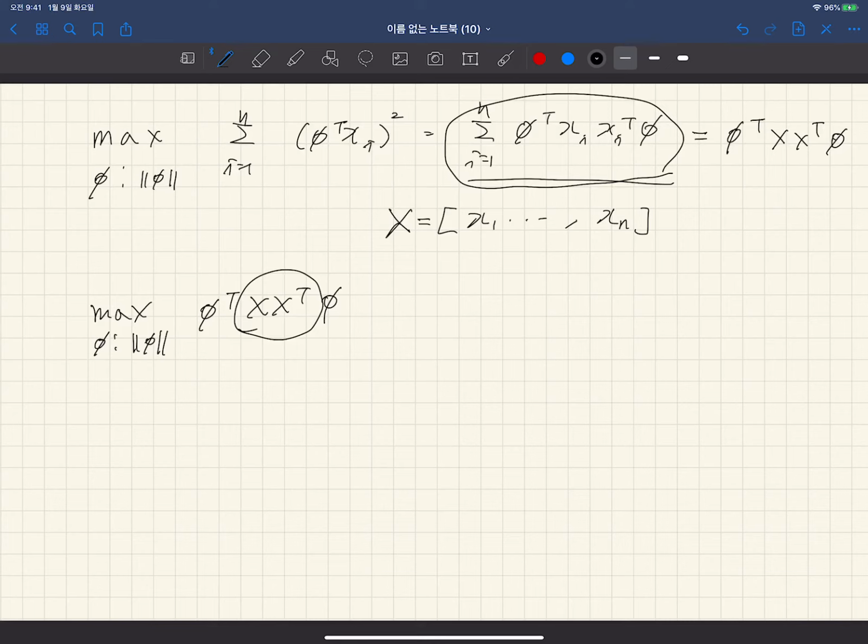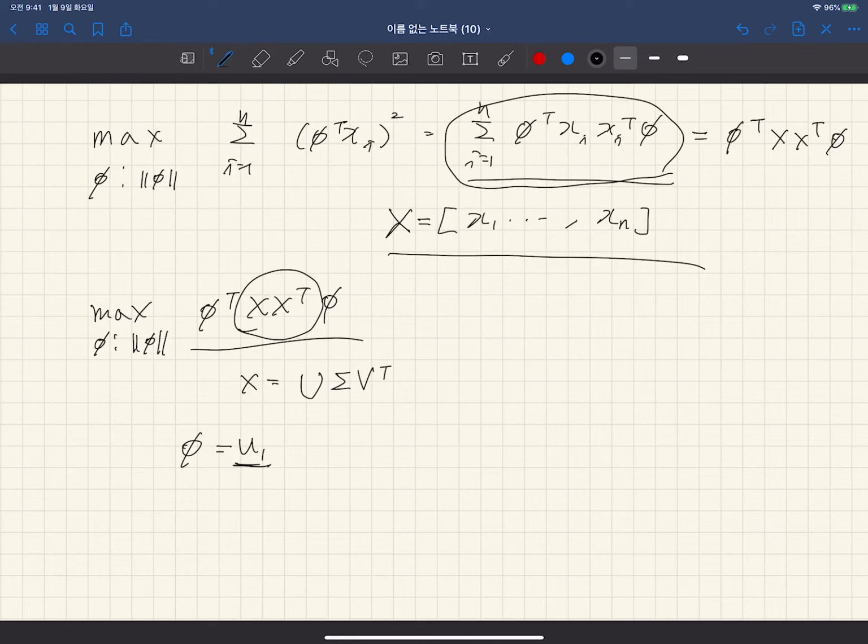This is equivalent to taking the singular value decomposition of X. So when you have U sigma V transpose for matrix X, then U1, corresponding to the largest singular value, should be p. This should be the first principal component. That will maximize this, and that will minimize the total distance between the data point and projection point.